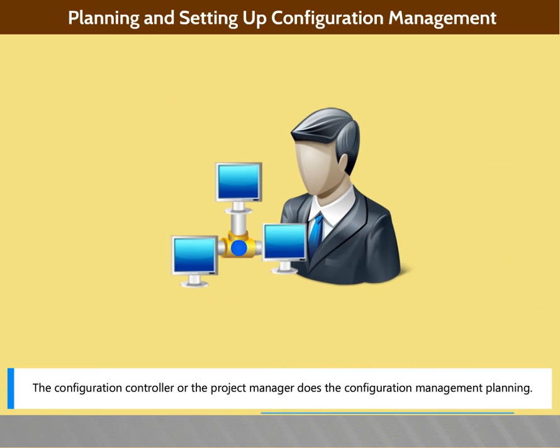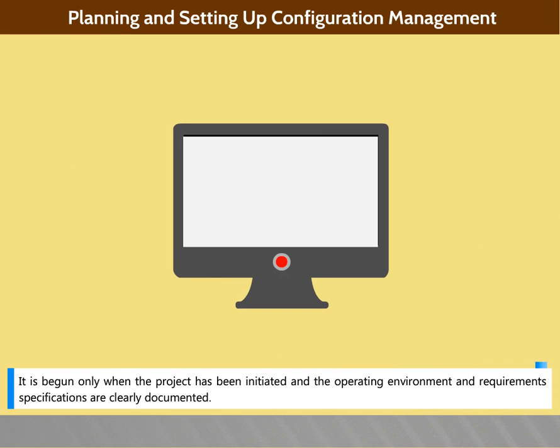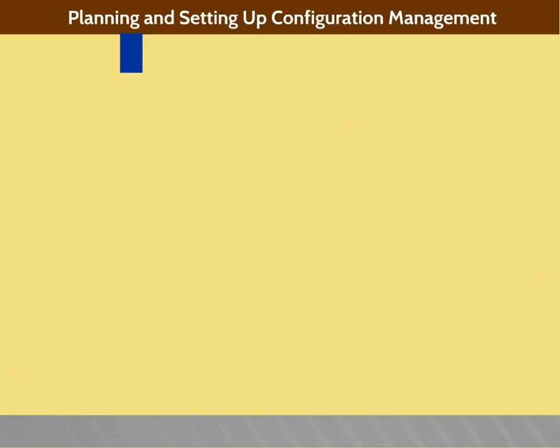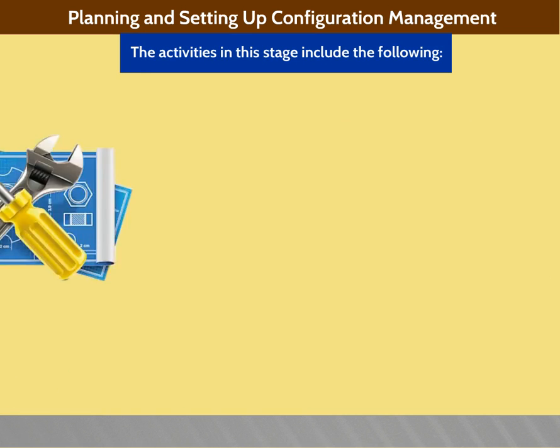The configuration controller or the project manager does the configuration management planning. It is begun only when the project has been initiated and the operating environment and requirement specification are clearly documented. The activities in this stage include the following.